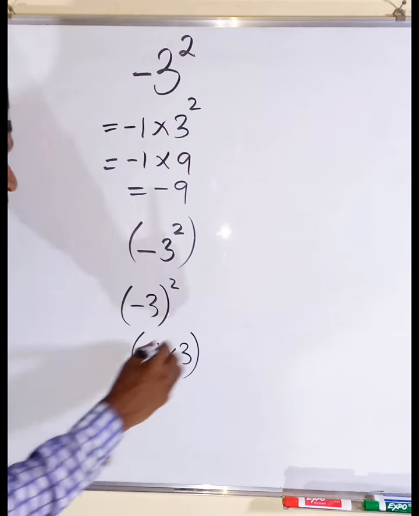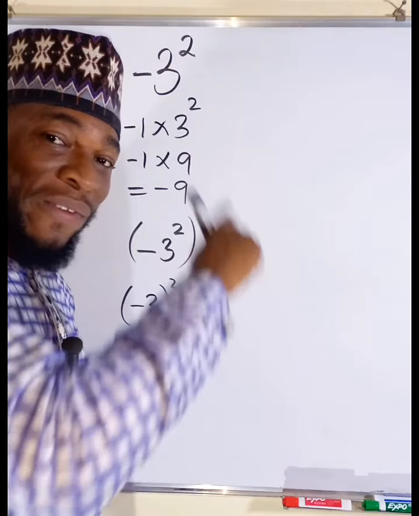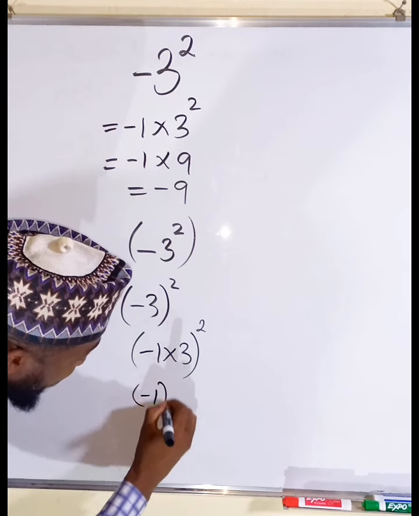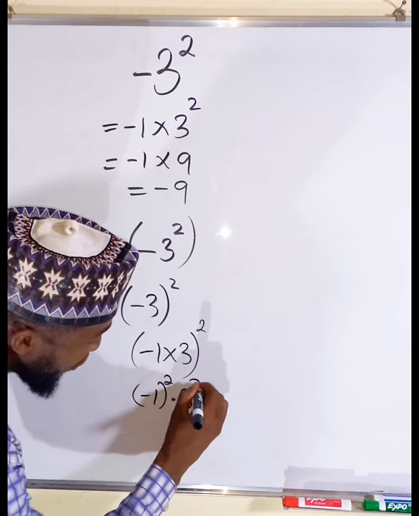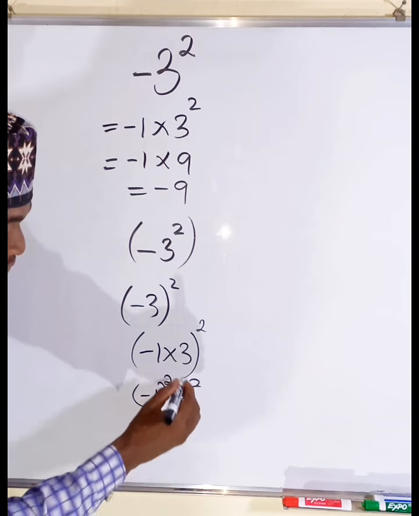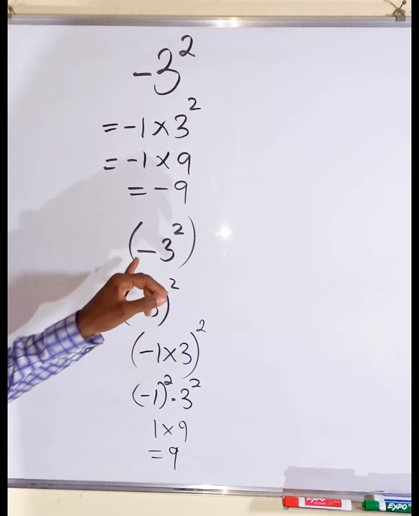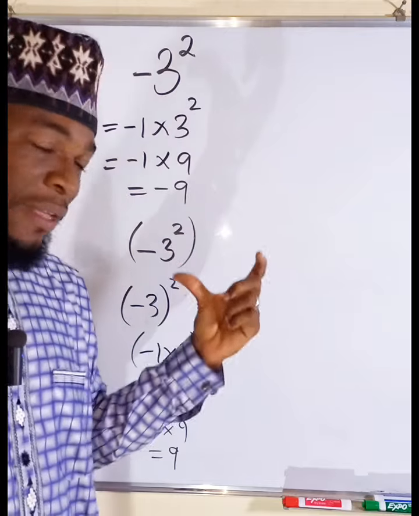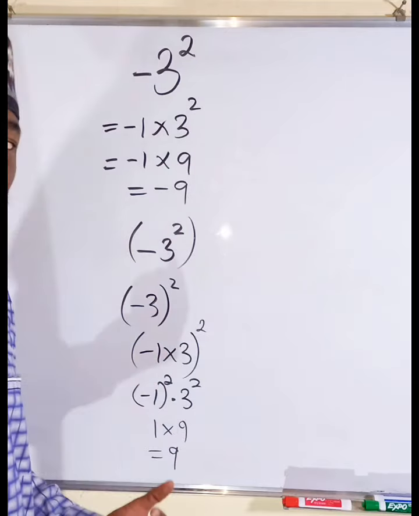But since they have a power of 2, applying that law of distribution of exponents in the laws of indices, we can say that this is negative 1 to the power of 2 multiplied by 3 also to the power of 2. Negative 1 to the power of 2 is 1, times 3 to the power of 2 is 9. In the end, we have 9. So when you have negative 3 with the power of 2 outside, it must be negative 3 times negative 3, which is positive 9.